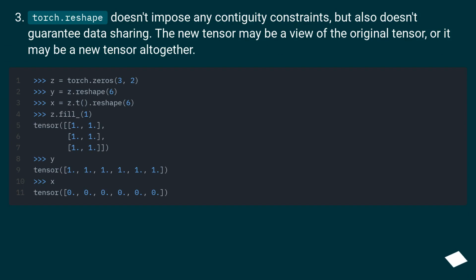Torch.reshape doesn't impose any contiguity constraints, but also doesn't guarantee data sharing. The new tensor may be a view of the original tensor, or it may be a new tensor altogether.